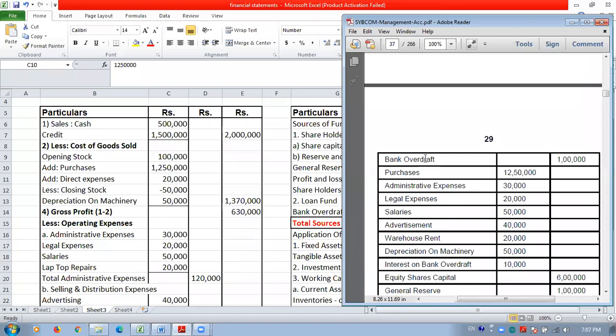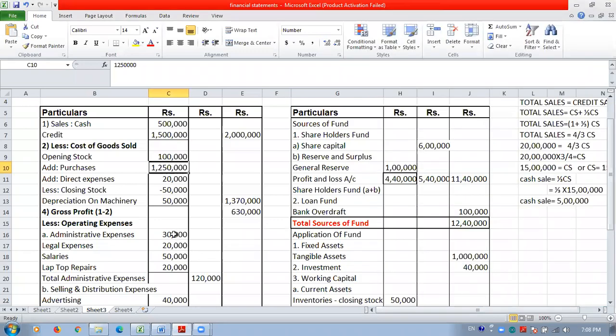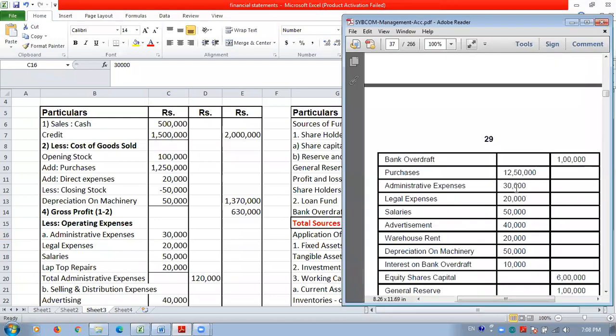These are operating expenses and appear under the administrative expenses head. Next item is legal expenses, which is also related to the office. That's why these 20,000 appear here under the administrative expenses head.